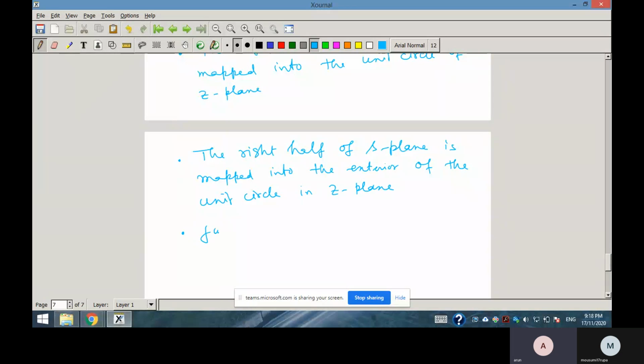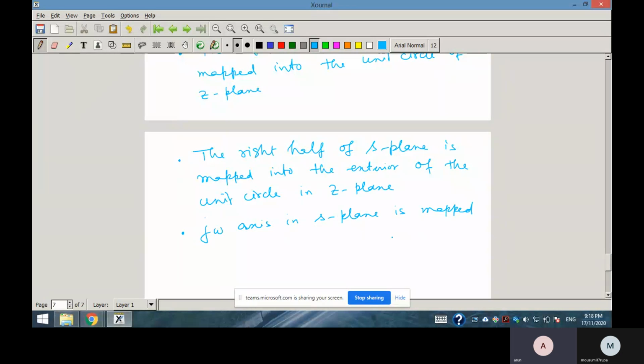And the j omega axis in S plane is mapped into the boundary of stability, the boundary between stability and instability.